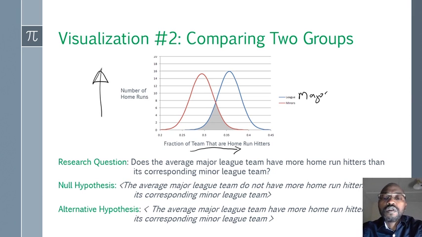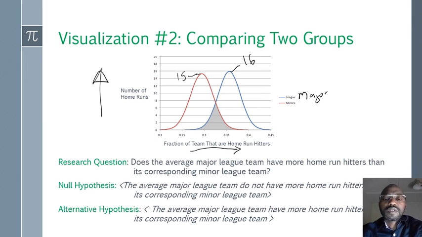Again, a quick look at the two bell curves shows us that for the major league, on average they have 16, whereas for the minor league it is definitely under 16, probably 15. So let's just assume that it is 15.